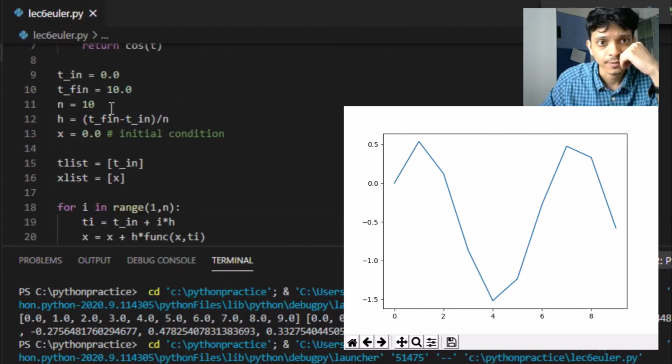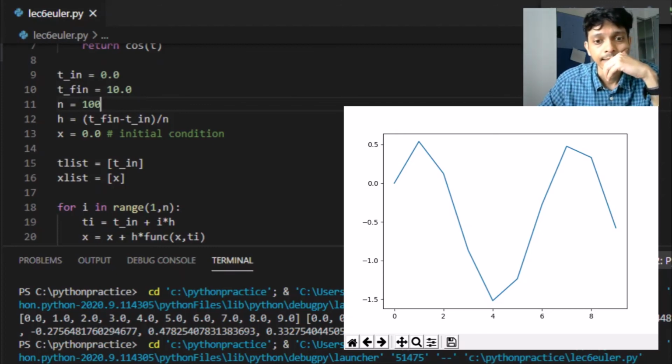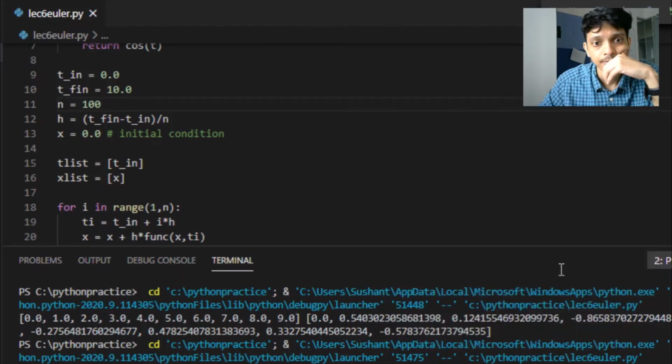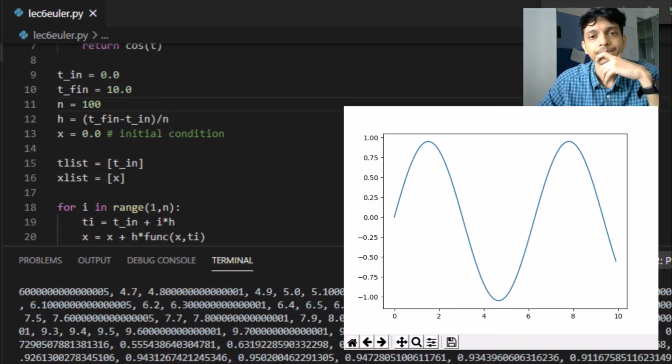So let's try and increase the number of steps and see what we get. Over here, instead of 10, I'm going to say 100 steps. Let's try to run this again. Much better.